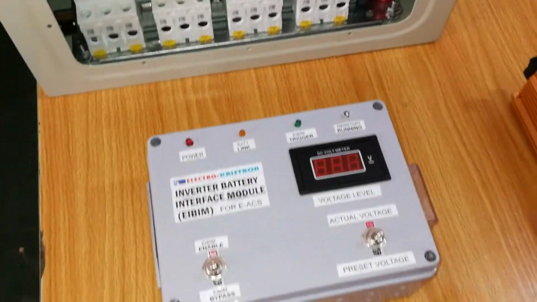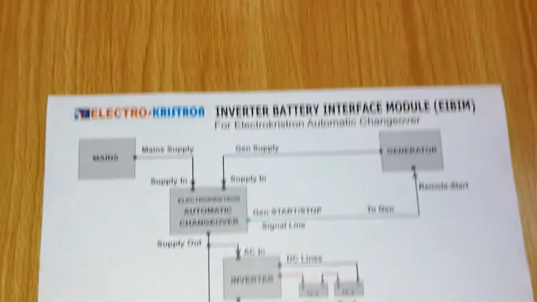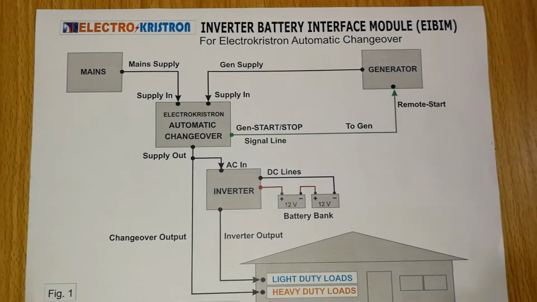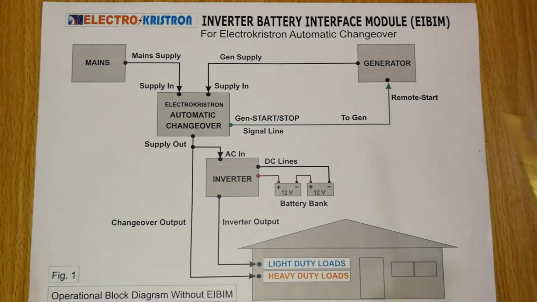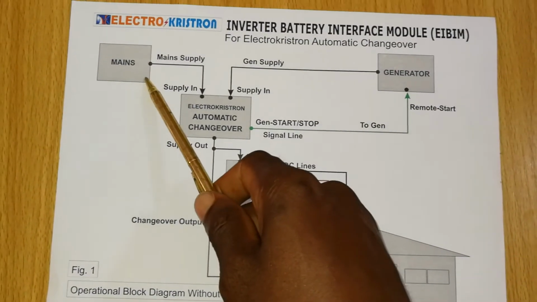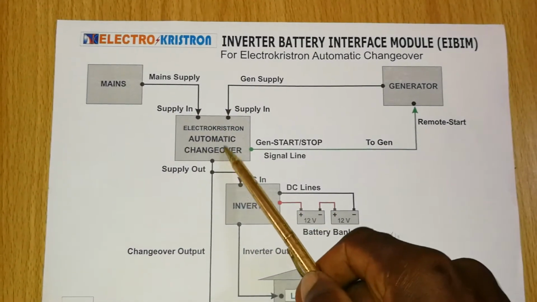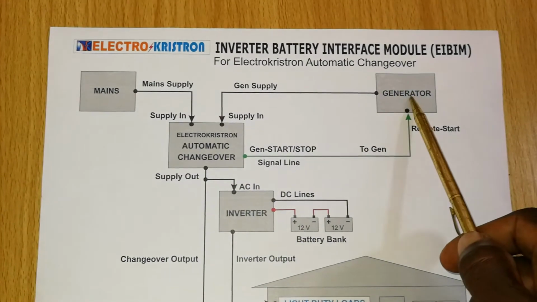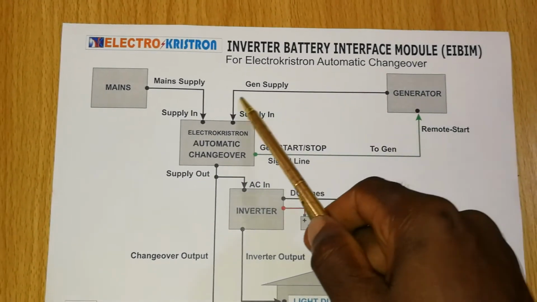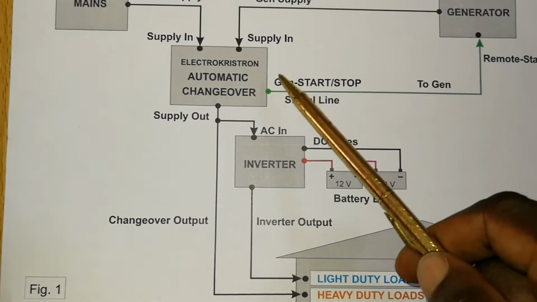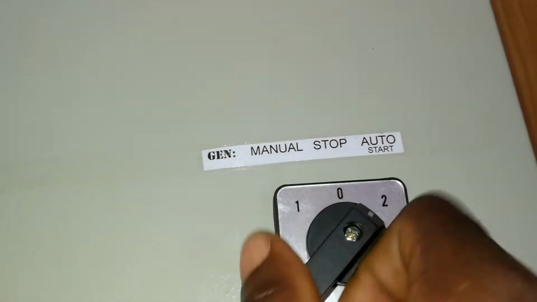To further understand what I'm talking about, I have a sketch here, a block diagram really, of how everything works together. Now this part represents your mains supply coming into the automatic changeover. You also have the generator here, running into the automatic changeover. And the automatic changeover, like this type we have here, has control on the gen.